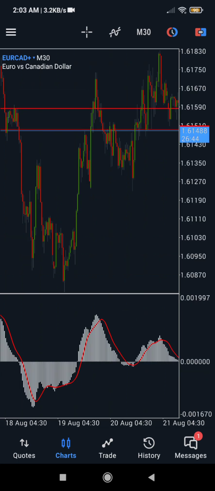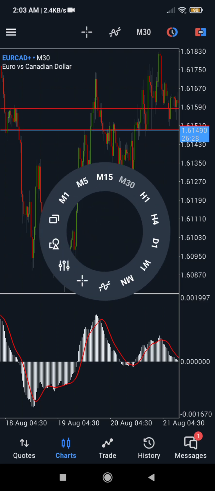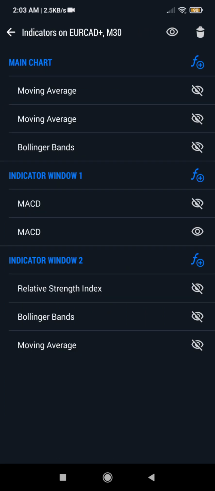In terms of the strategy, I will combine the MACD histogram that is available on the MT5 with an EMA. So I am going to tap on the screen again. Then you go to that same indicator symbol and click on it. This time around, I am going to add the moving average.